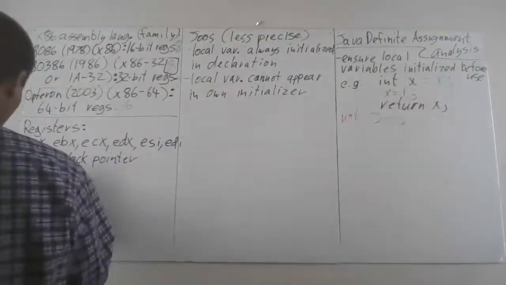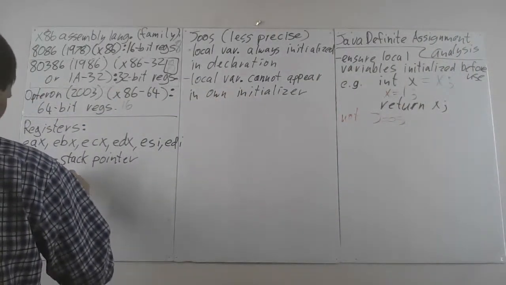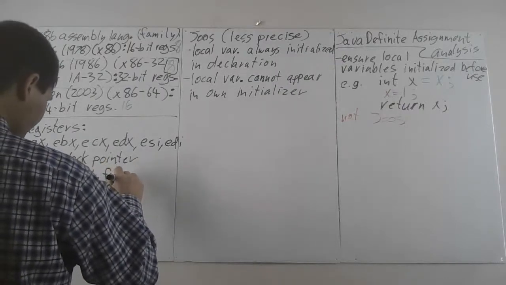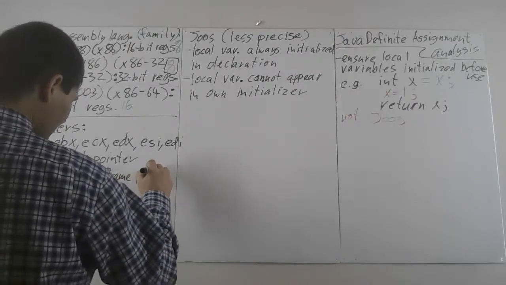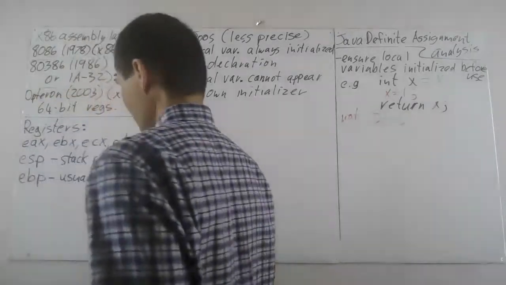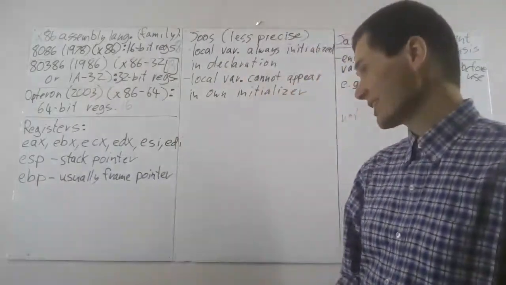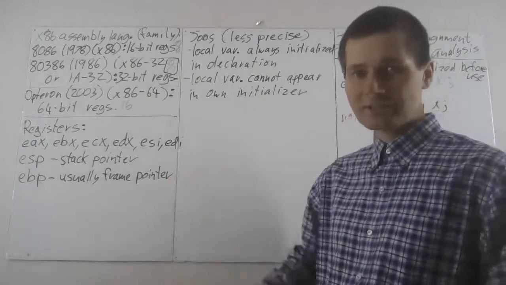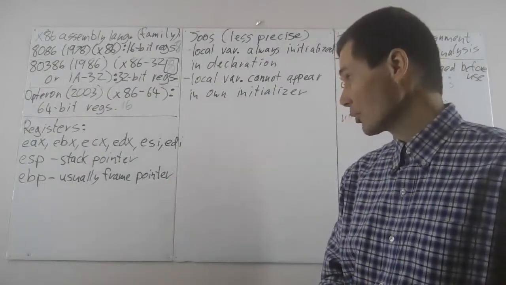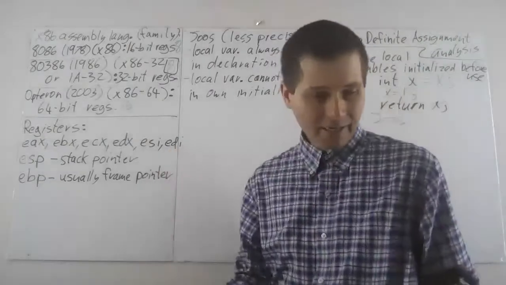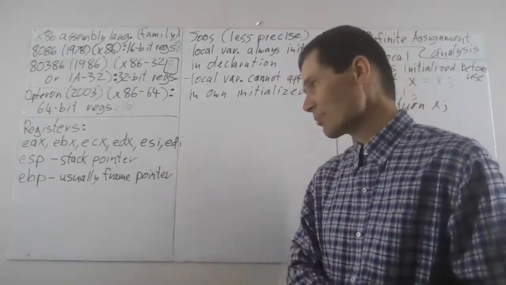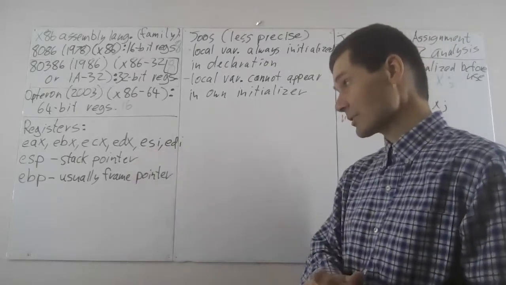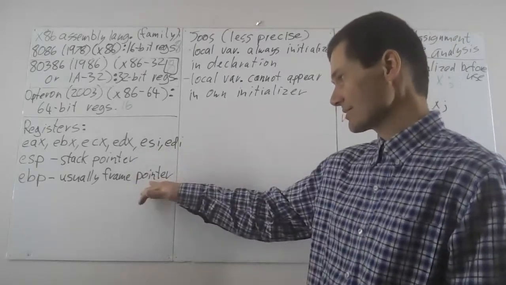And EBP, well, that one is more general purpose, so it is more common to use it as any other register, but a heavy convention is that it's used for the frame pointer, and again, I would recommend that you use it for the frame pointer. It's less important to do that than for the stack pointer, but that is the convention.